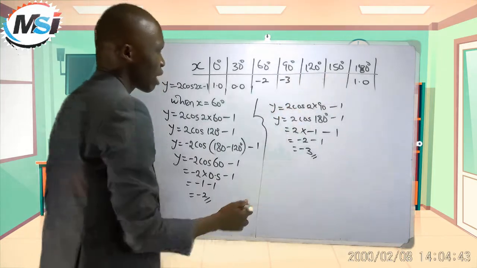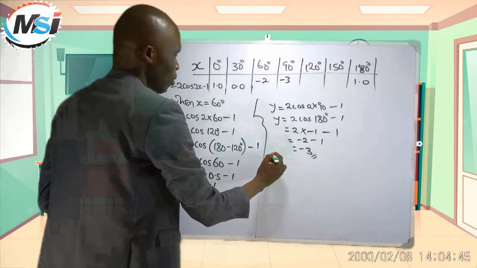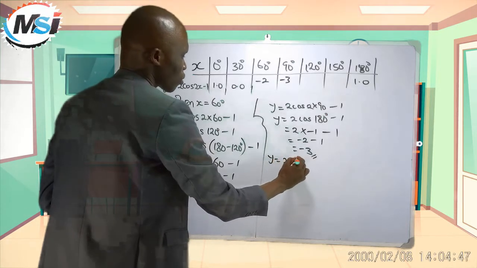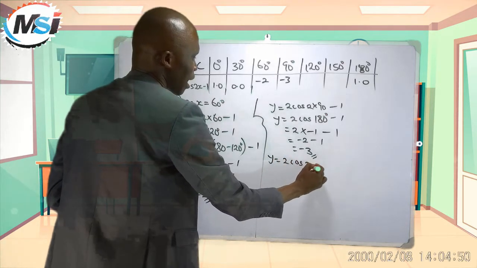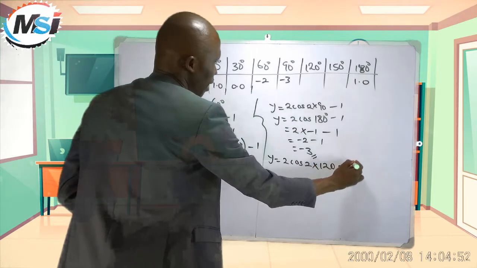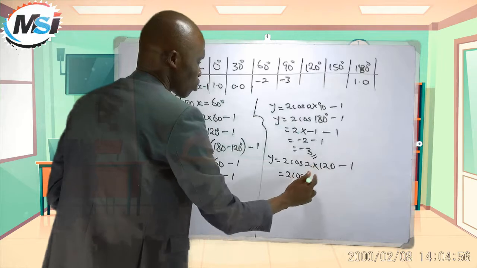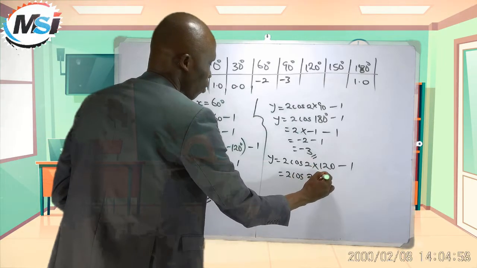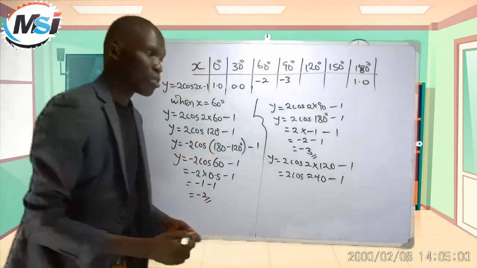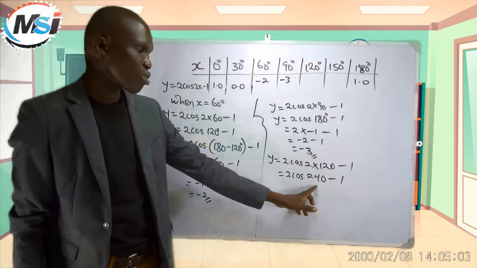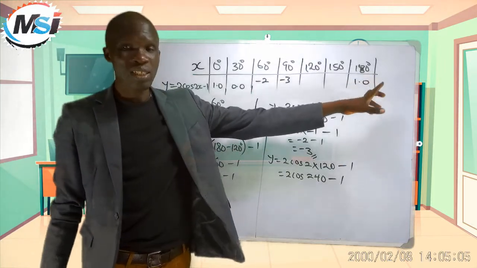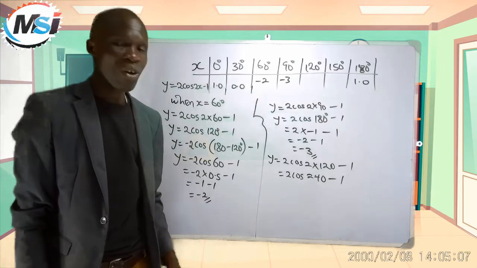We still have 2 left. Now for 120, y equals 2 cos 2 times 120 minus 1. So this will give us 2 cos 2 times 120, we have 240, minus 1. Remember that cos 240 is more than 180, so we cannot just say cos 240.